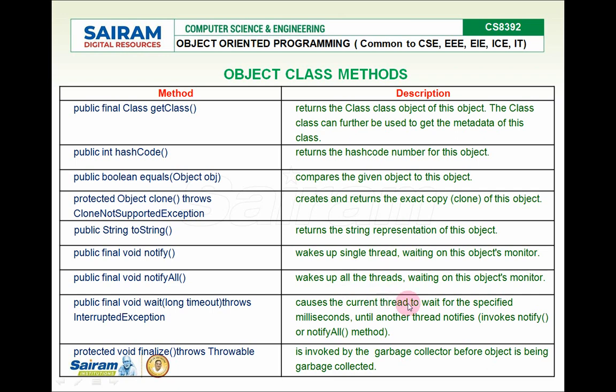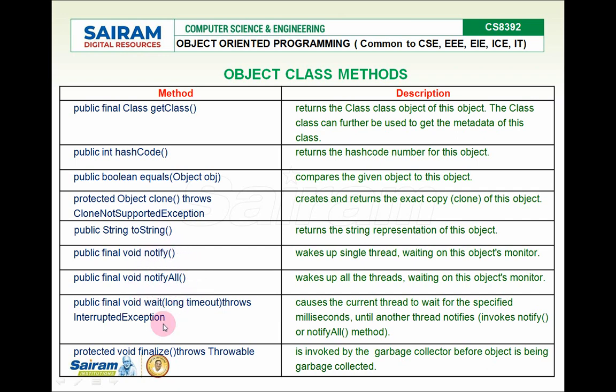So it causes the current thread to wait for a specific number of milliseconds, that is the timeout, until another thread invokes the notify method or notifyAll method. So I'm asking the other thread to wait this amount of time until I finish my work. That is the wait method.